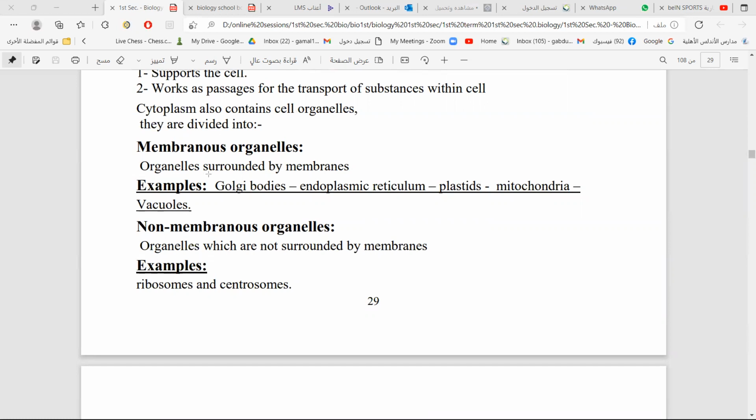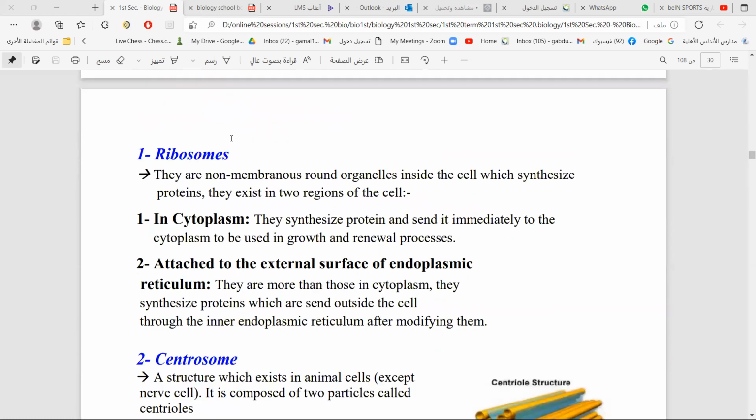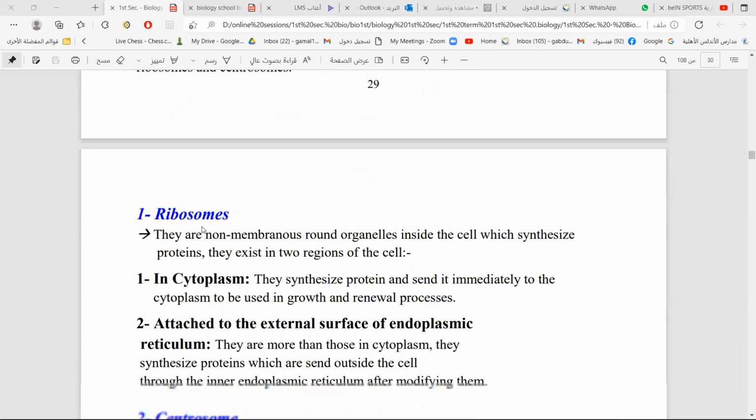The membranous organelles are such as the Golgi body, endoplasmic reticulum, plastids, mitochondria, and vacuoles. And the non-membranous organelles, which don't have a membrane, are like ribosomes and centrosomes. Let's start with the non-membranous ones.